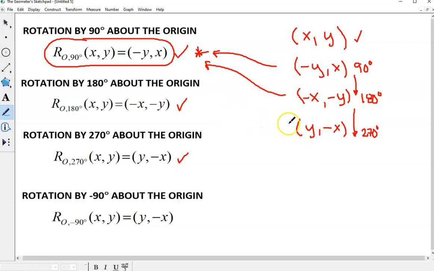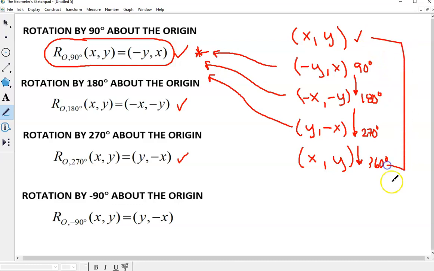Now, just for the sake of it, let's use the 90 rule one more time. What does the 90 rule say? Take that back term, negate it, bring it to the front. Take this term, take it to the back. And guess what? After doing that a couple of times, we've come all the way back to our original point.